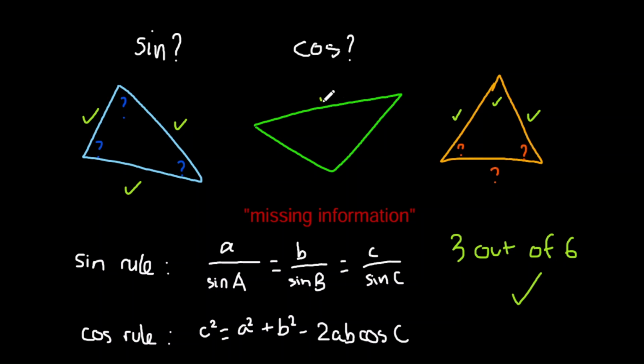Or from 1 side and 2 angles, the value of all the other measurements. However, the only case where this does not work is when you know all 3 angles and none of the sides. Therefore, we always need to know at least one side of the triangle to deduce the rest of the information.